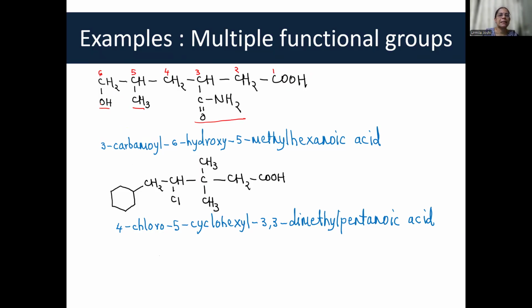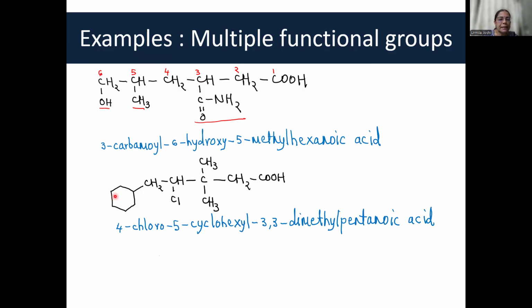So prefixes have to be used. Now amide prefix is carbamoyl. So it is 3-carbamoyl, 6-hydroxy if we arrange in alphabetical ways. 3-carbamoyl, 6-hydroxy, and 5-methyl. Look at once again, 3-carbamoyl, 6-hydroxy, 5-methyl hexanoic acid. I hope you understand this.